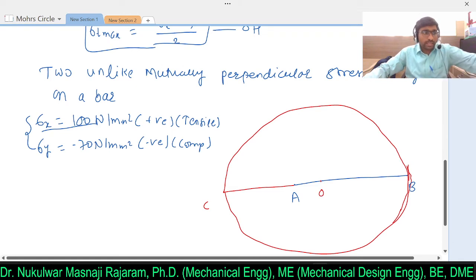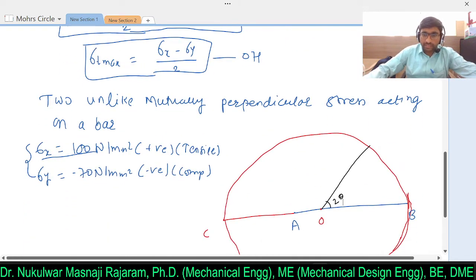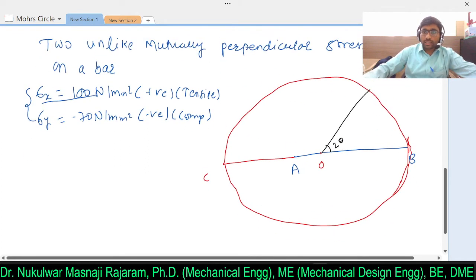From O as the center, draw one line at an angle of 2 theta. So now you might have got the point why 2 theta, because in this formula if you observe, it is cos 2 theta and here it is sin 2 theta. That's why I am considering 2 theta. So here I will get the point E.